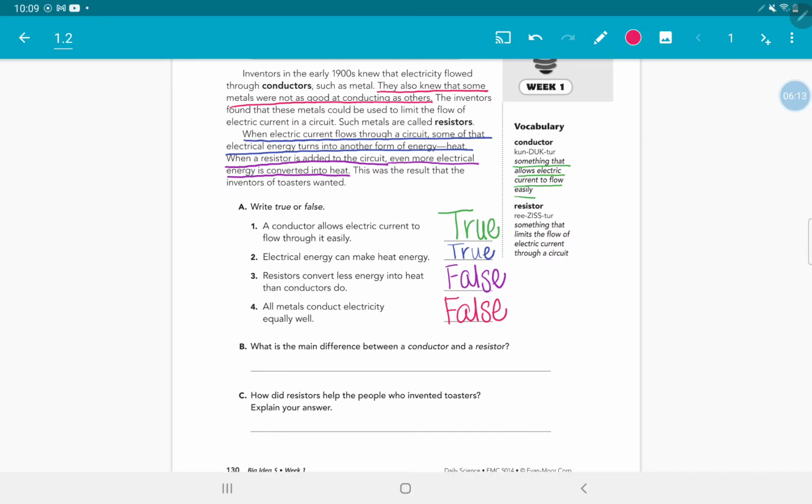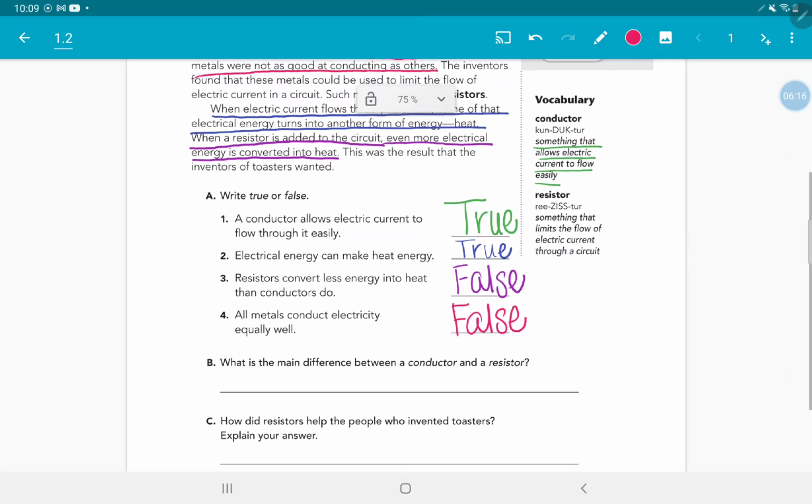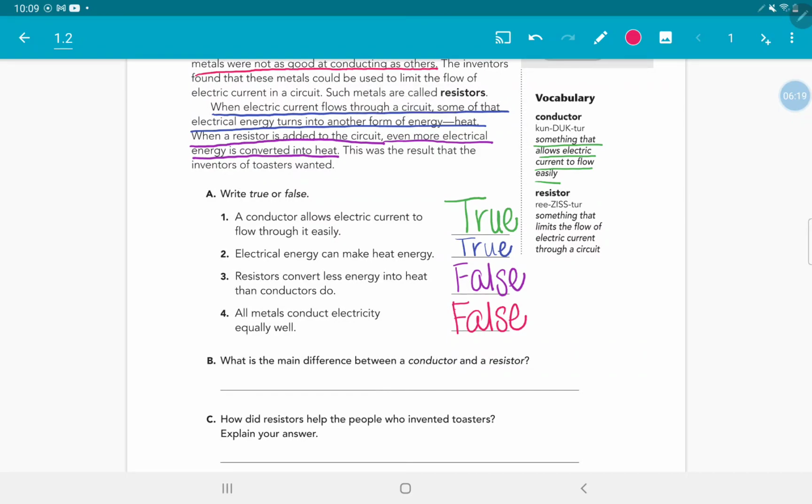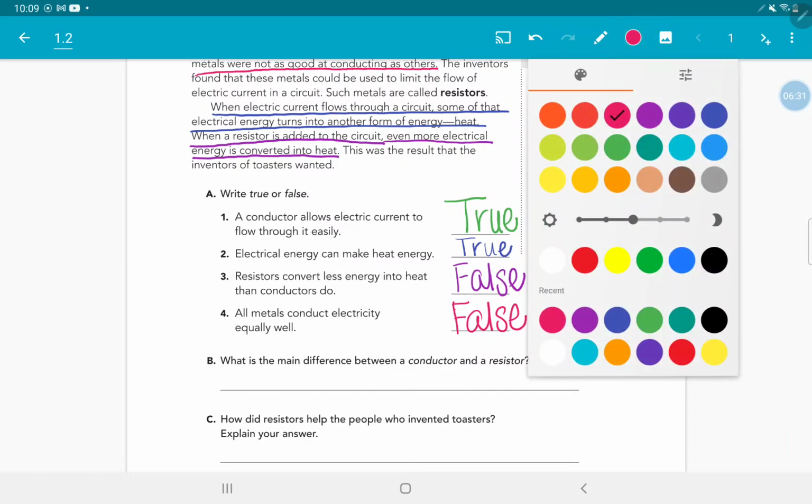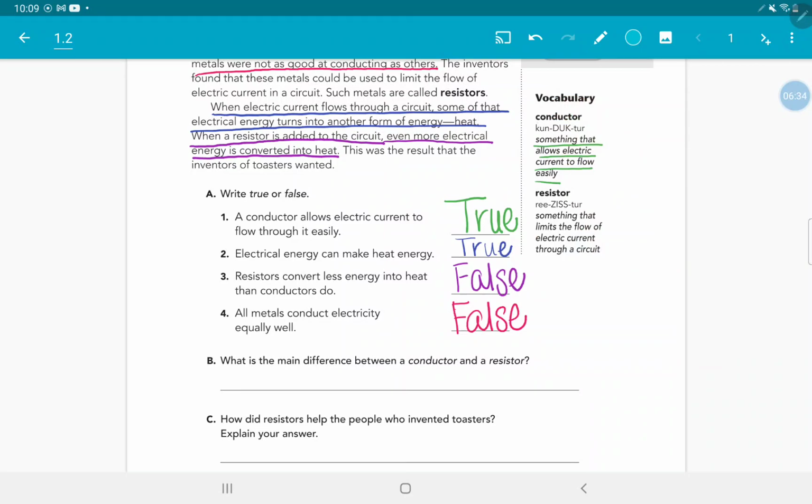The next one says, what is the main difference between a conductor and a resistor? What does a conductor do? It allows electric current to flow how, Olivia? Easily. What does a resistor do? A resistor makes it to where the flow is less. Yeah, it says it limits the flow.